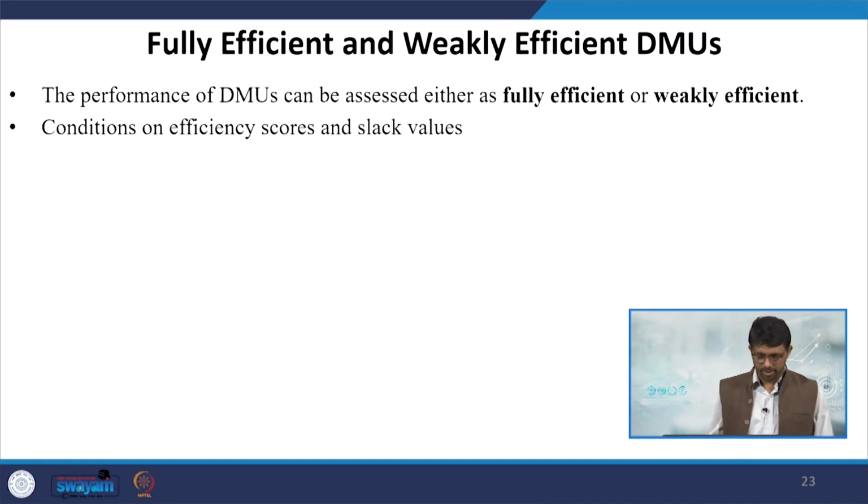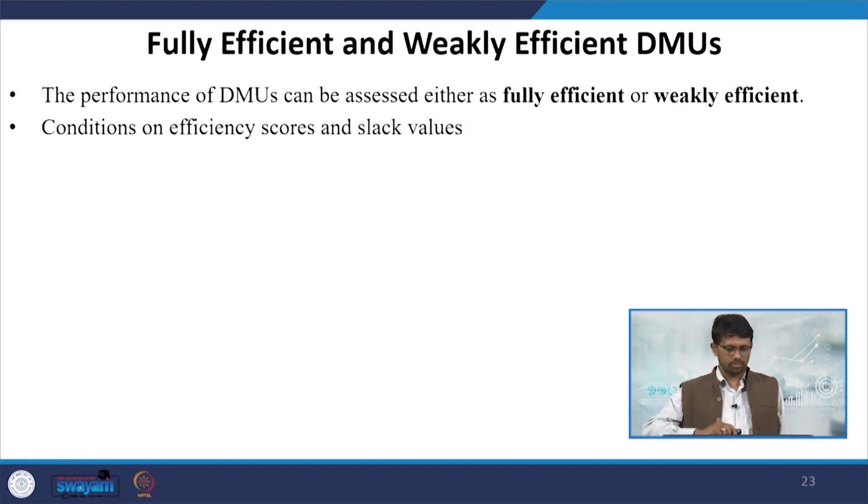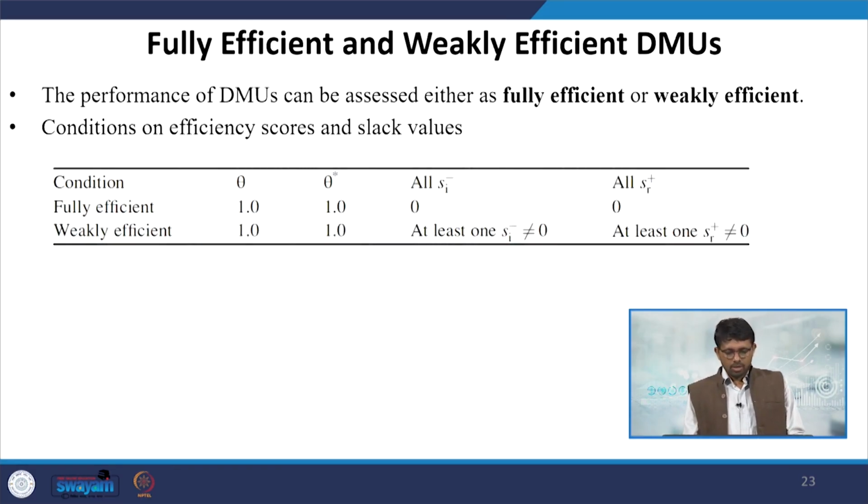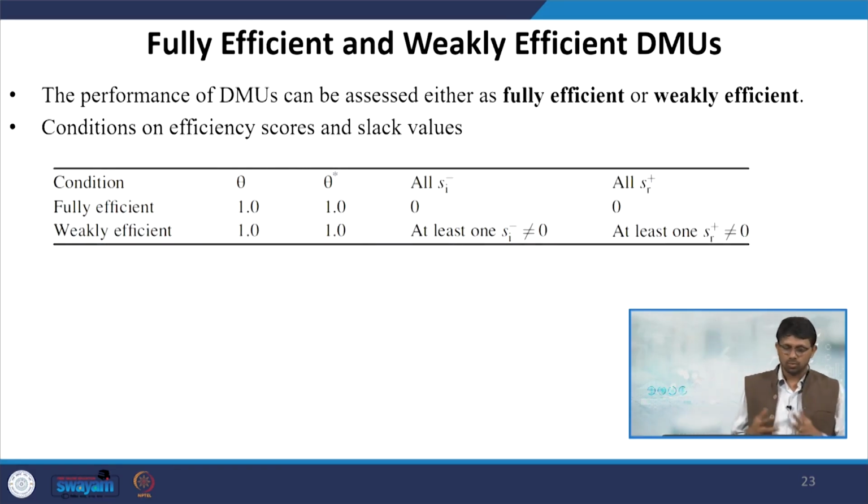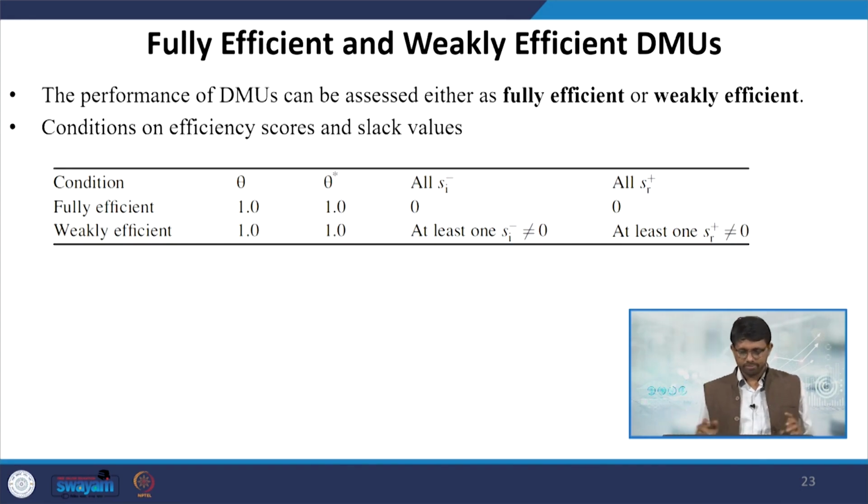The performance of DMUs can be assessed either as fully efficient or weakly efficient, with conditions on efficiency scores and slack values. Okay. So, what are the conditions to reach the fully efficient level and the weakly efficient cases? Here the condition for fully efficient is that theta star has to be 1, with input slacks that have to be 0, and output slacks also have to be 0.